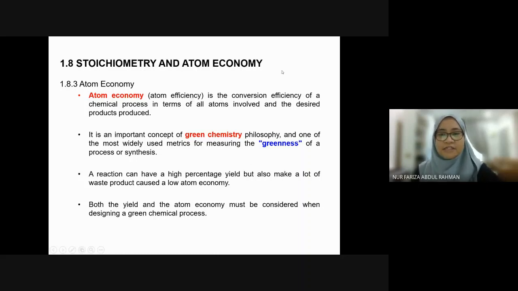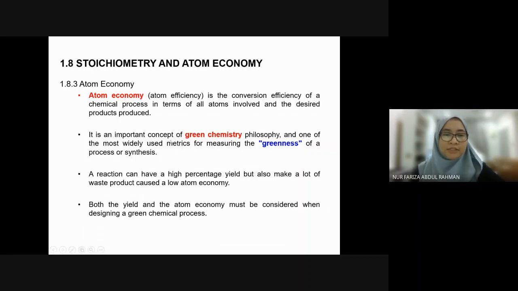Okay, is the conversion efficiency of a chemical process in terms of all atoms involved and the desired product produced. Okay, so atom economy is used to indicate the efficiency of a system ataupun of a reaction. Bagus ke tak bagus this reaction? Okay, so that is called atom economy.